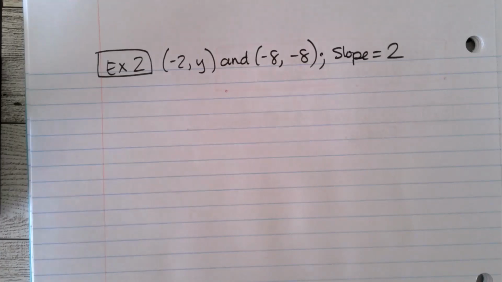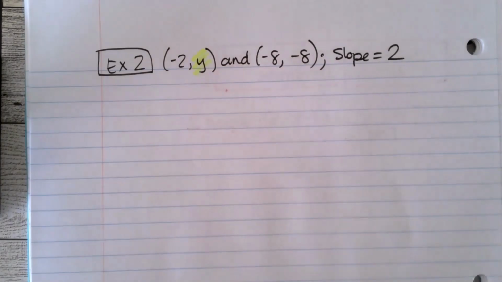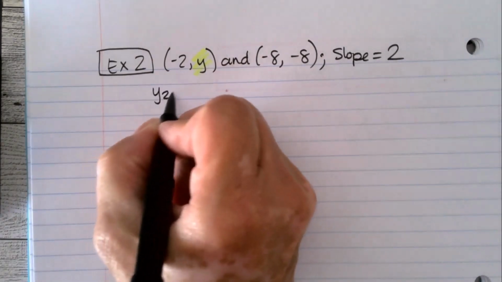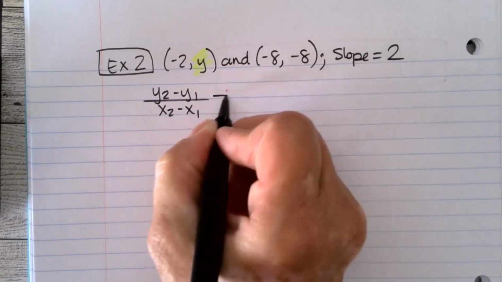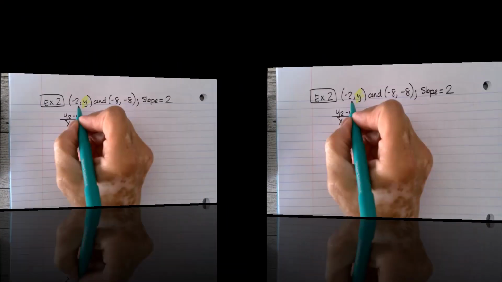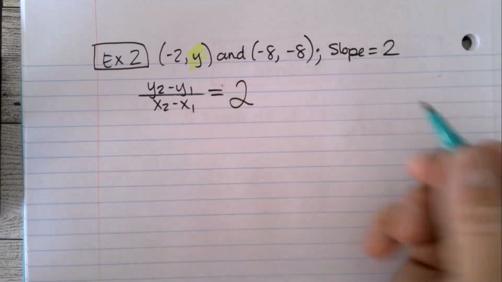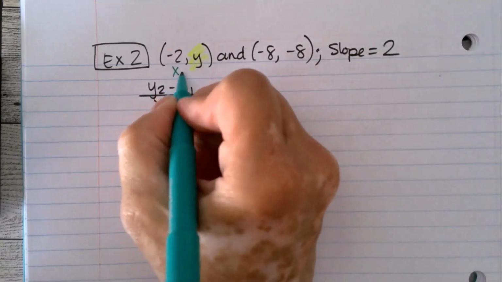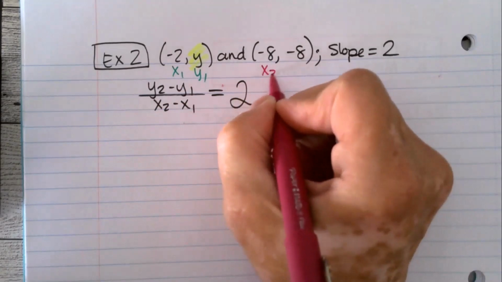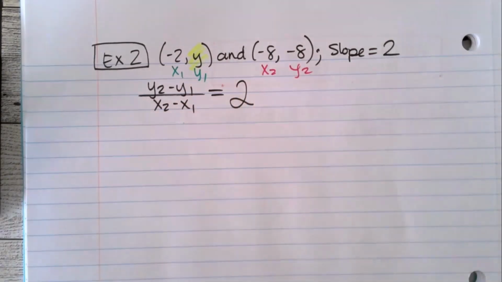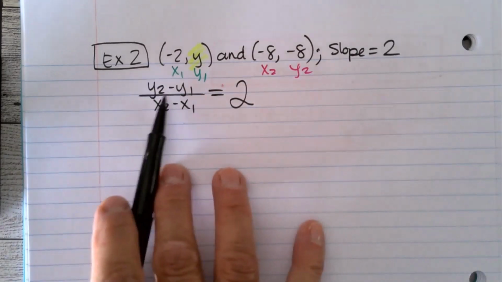With this method, we're going to use the slope formula to help set up an equation we can solve. We're going to write down the formula (y2 minus y1) over (x2 minus x1). And that equals 2. I'm going to label these so I know where they go in the formula. x1, y1, and then this one's x2, y2. I always still do this even though I've been doing this my whole life. It's just that if I get distracted, I put the numbers in the wrong spots.